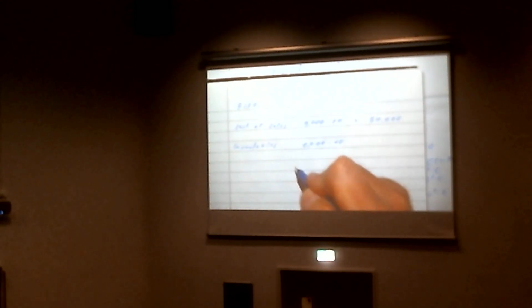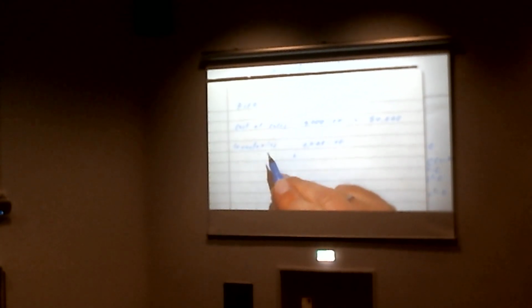It's 1,000 left out of this first bunch, plus the whole 2,000 out of the second, right? So this is then 270,000, right? Okay. So you see, this is cost of sales, this is inventories.